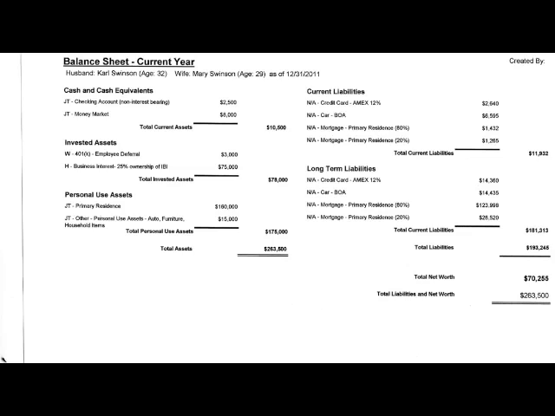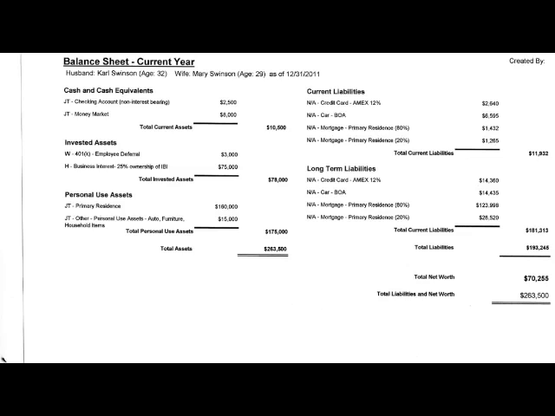The next thing we're looking at is your balance sheet. Now, the balance sheet is a snapshot of a point in time. So as of 12/31/2011, this is your balance sheet situation. And on the bottom right, a number I'd referenced earlier is your net worth, which is all of your assets minus your liabilities.